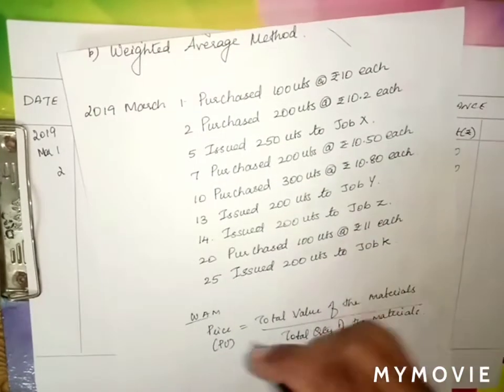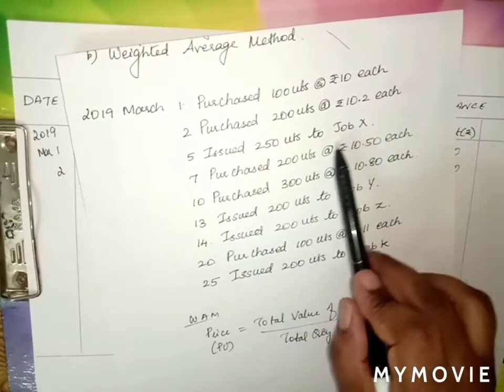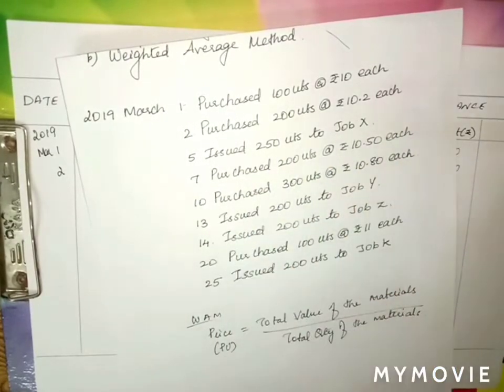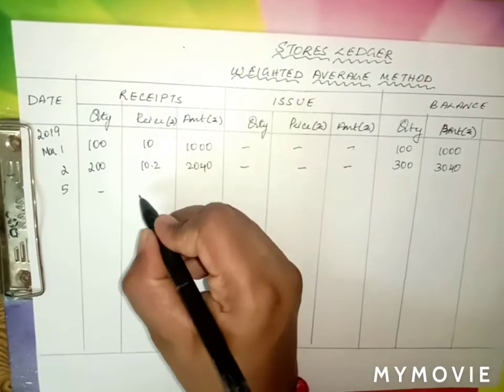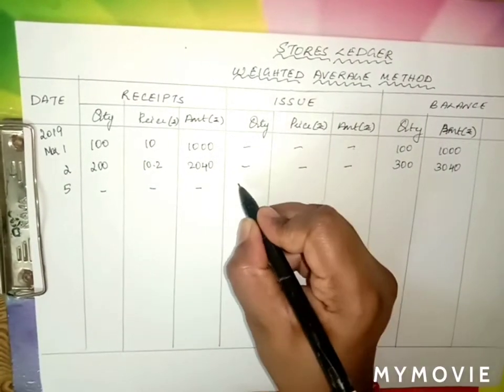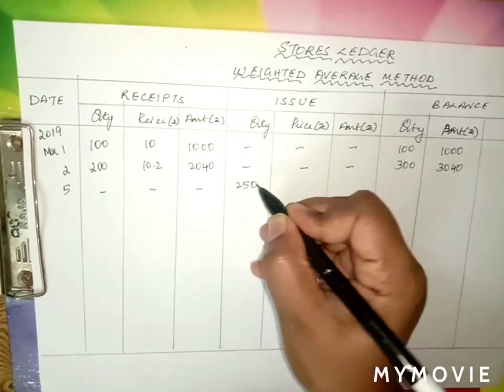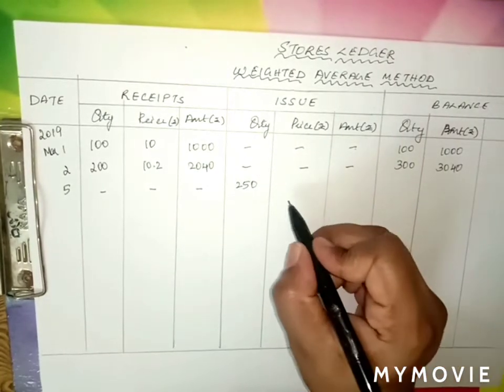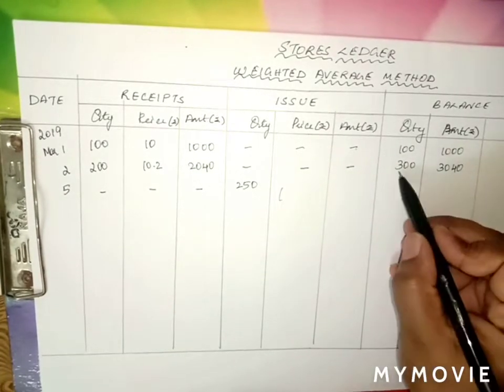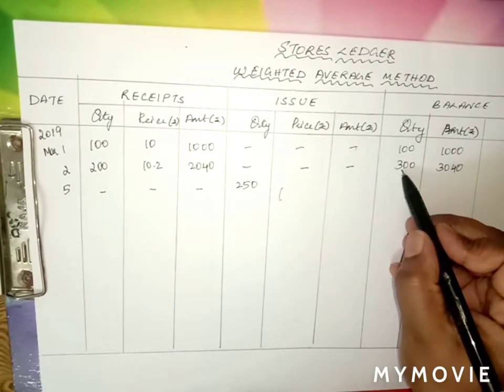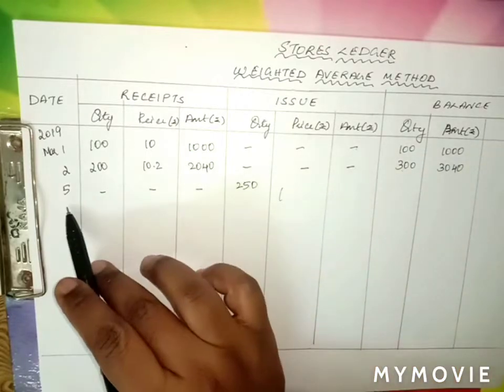Next one, issued 250 units to job X on the 5th. How do we find the price? The total amount divided by the total quantity of materials available at the date of issue.